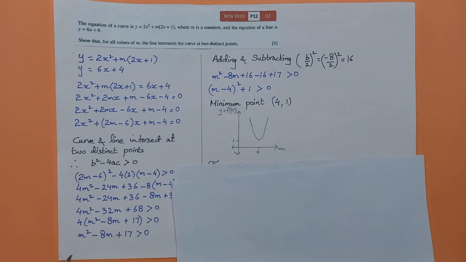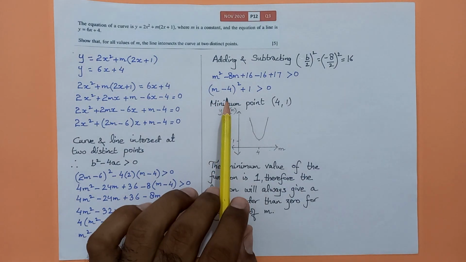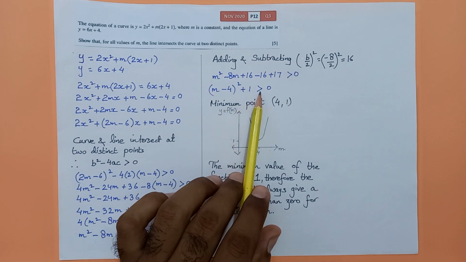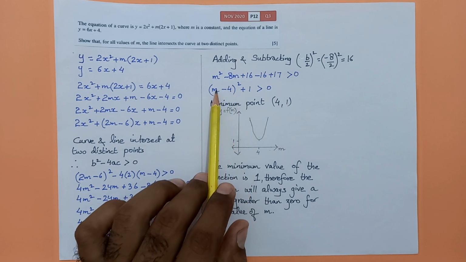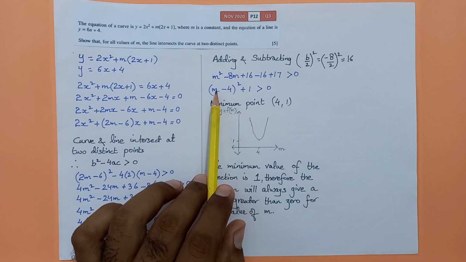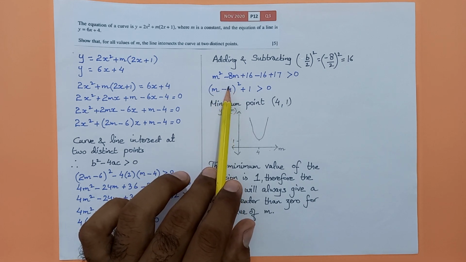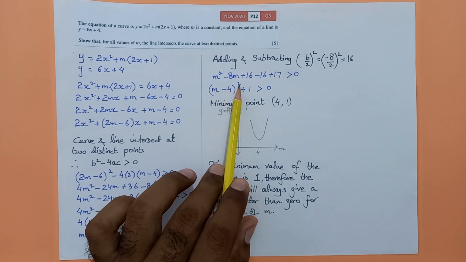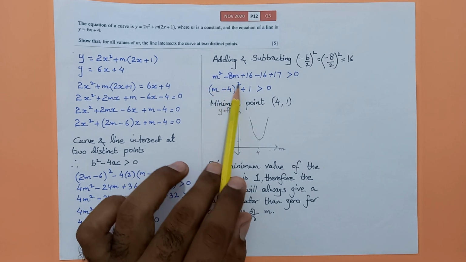We can also look at this in another way. If we just look at this particular form, m minus 4 whole square plus 1 greater than 0, this condition is a square. That means if we take any value of m over here, no matter if it is positive or negative, after subtracting from 4, whether your answer becomes positive or negative, when you square it, the result is always positive.